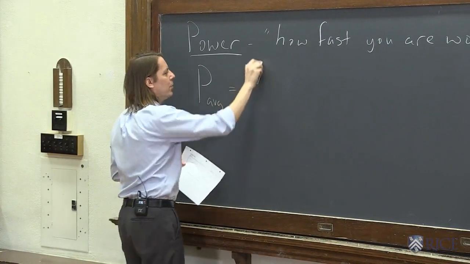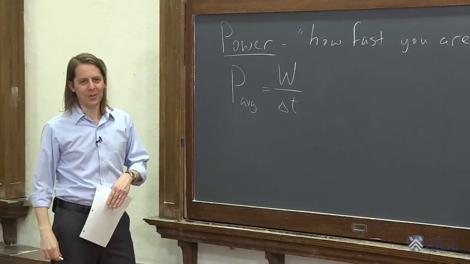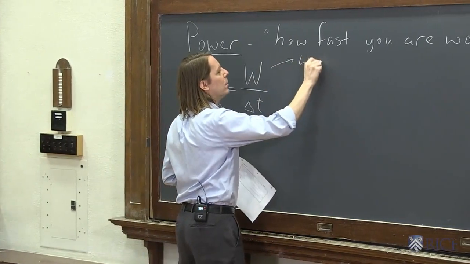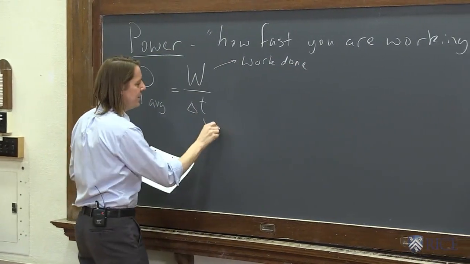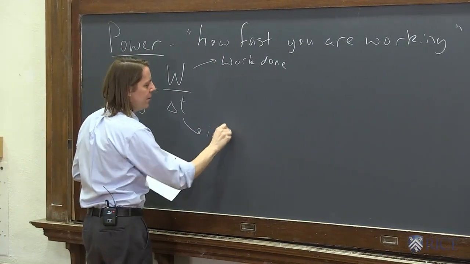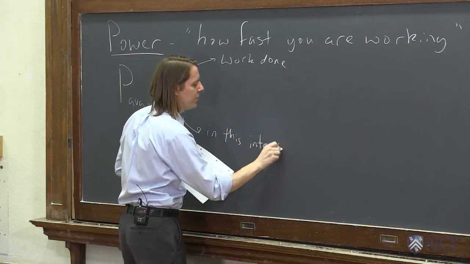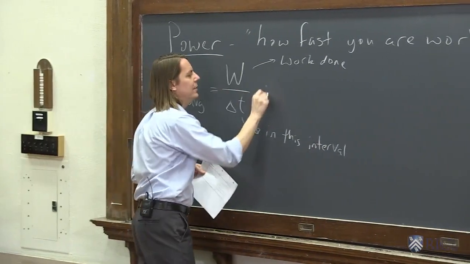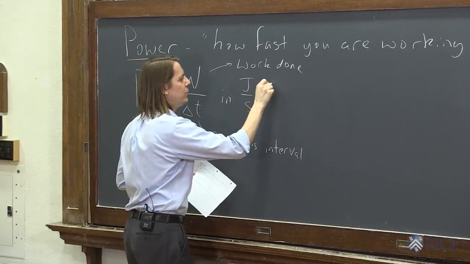The average power is W over delta T, where this is the work done in this interval. So if you do a certain amount of work in a certain amount of time, that ratio is just the power. And it's in joules per second, which is equal to a watt.